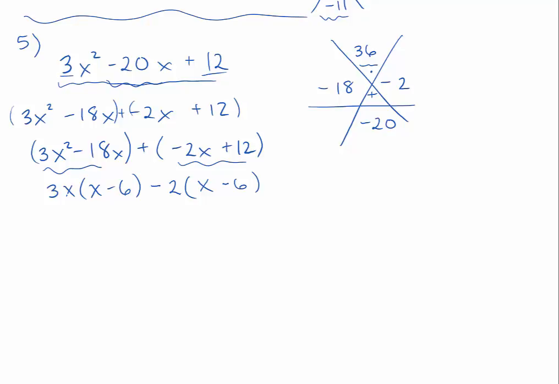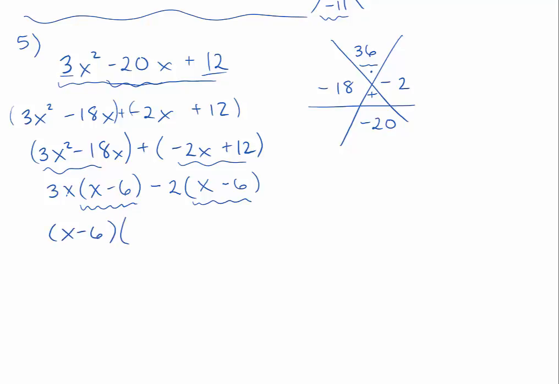But now the nice thing is that if you look, I have an x minus 6 here and an x minus 6 here. And so now if I think about this whole expression and what I can factor out, I can actually pull out an x minus 6 term because each one of the terms has that, right? So if I pull out an x minus 6, I'm going to go like this, x minus 6 in parentheses.